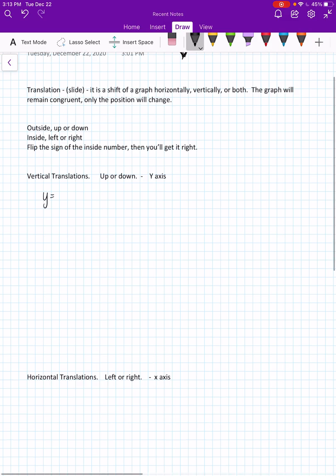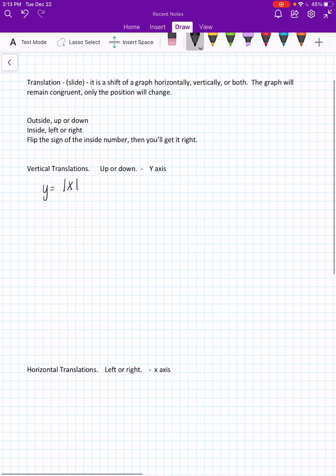The first one is going to be y equals the absolute value of x. If you were to graph y equals the absolute value of x, I think I'm going to put it over here. This means your vertex is going to be at (0, 0).